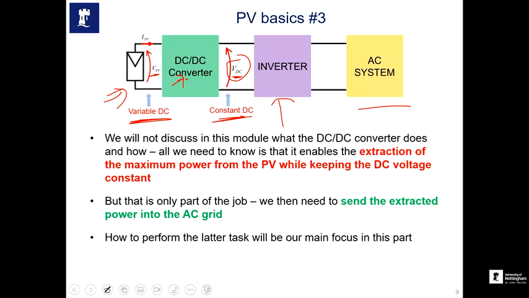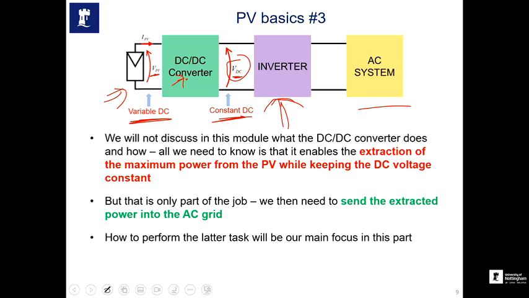If you're doing an MH, you will probably choose that module, 4118, where I go into more detail on the DC-DC converter analysis, small signal modeling and control. Right, okay, but after this, this is the inverter we want to analyze, because without the inverter, we cannot send the power from the PV to the AC system.